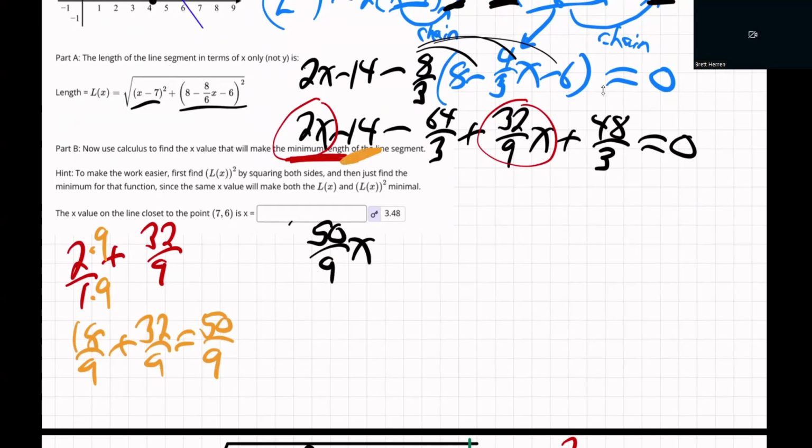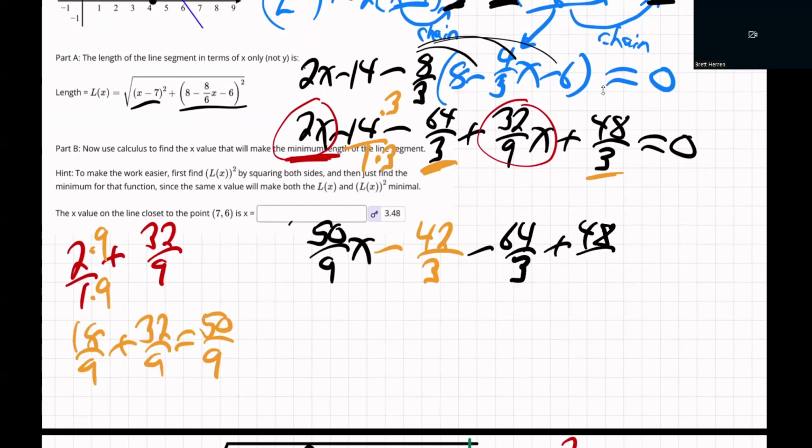Okay, now what about the other numbers? Then we've got minus 14, and minus 64 thirds. Let's put that over 1, and then multiply top and bottom by 3 to get a common denominator. That'll be minus 42 over 3, minus 64 over 3 plus 48 over 3 equals 0.